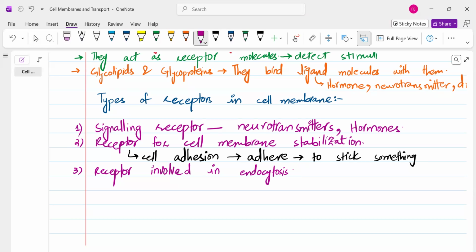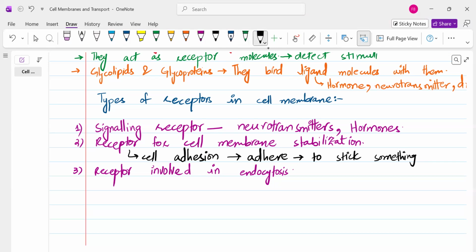Basically, endocytosis is the process in which the cell ingests some of the large molecules by engulfing them. This is known as endocytosis. And what is exocytosis?